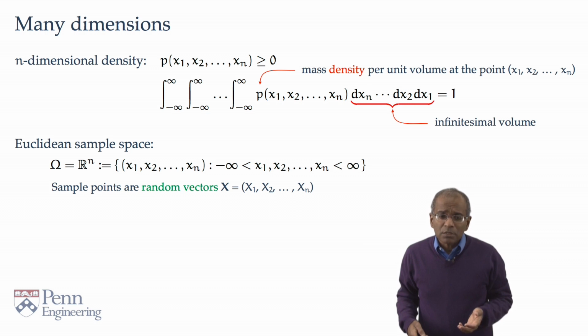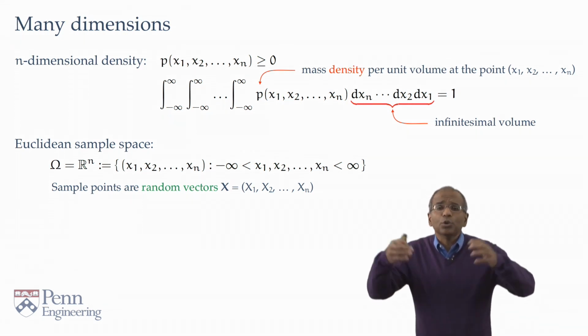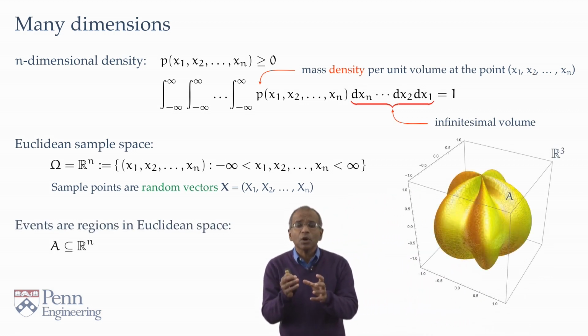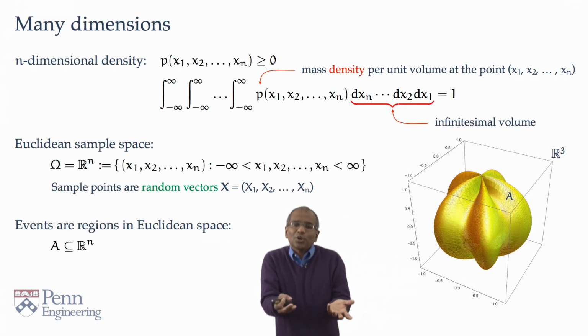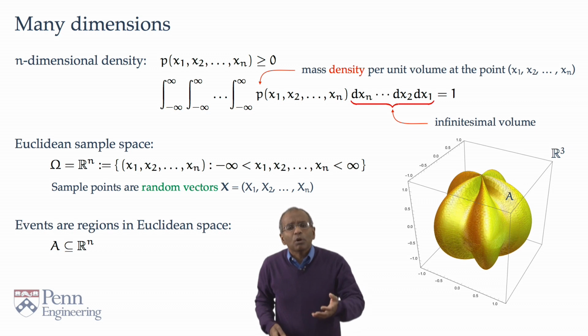What are the events? Well, naturally, events are regions in this Euclidean space. So any event A has to be a subset of Rn, and I've given you a fanciful region just to show you a region could be anything you like, over which one can accumulate probabilities in some reasonable way. How do we compute probabilities?